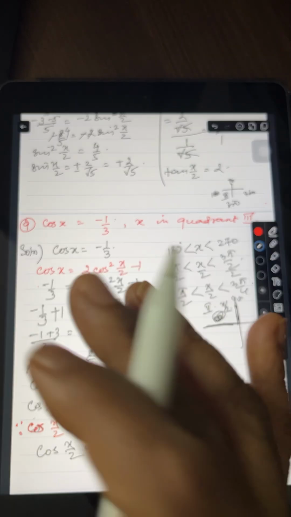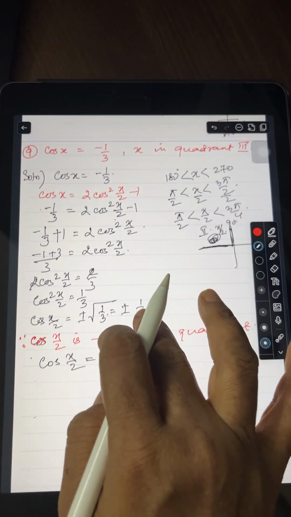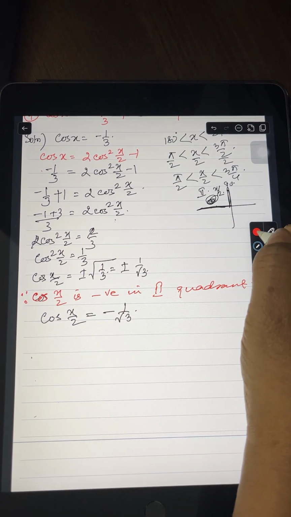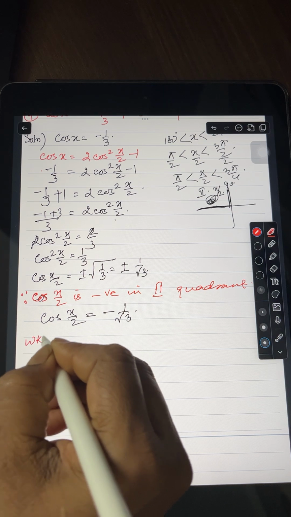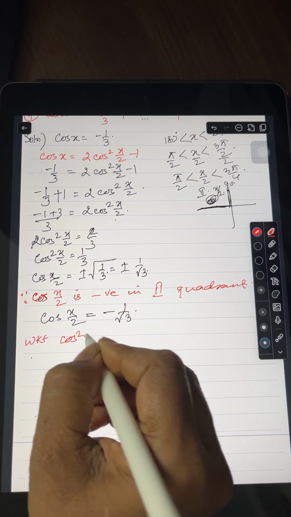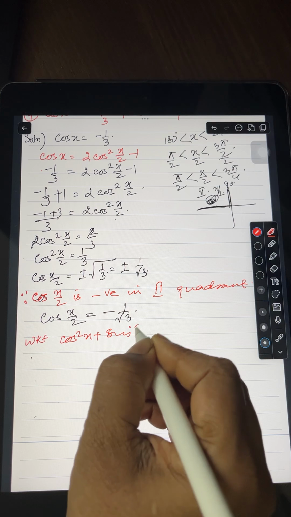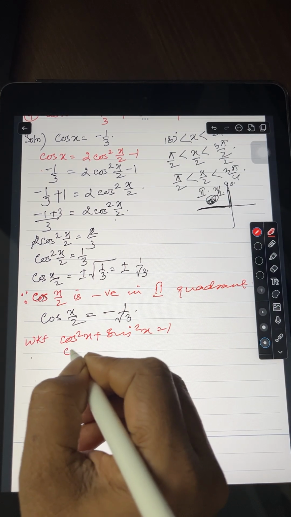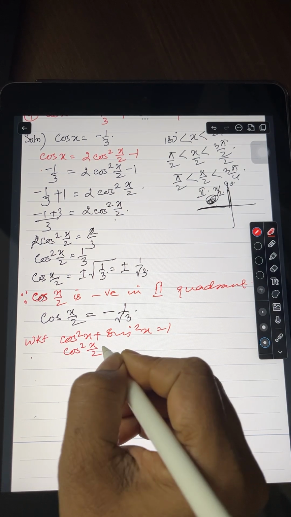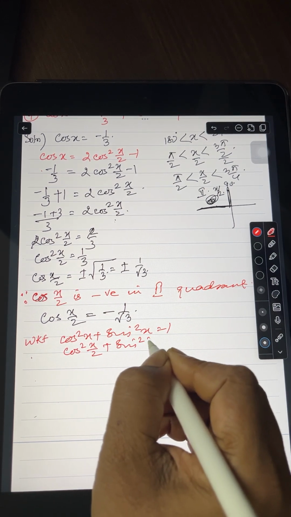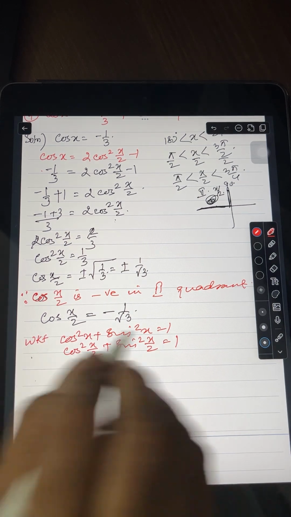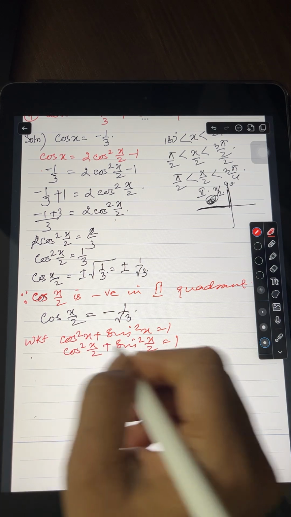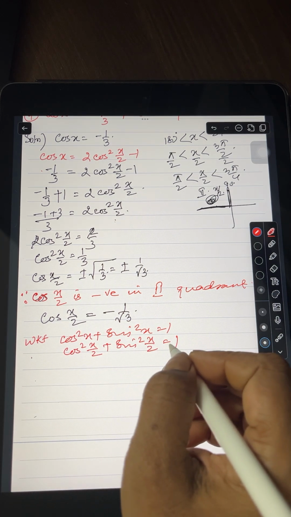Now cos x by 2 you got. What is left? Sin x by 2 you will have to find out. Now you see, we know that cos square x plus sin square x is equal to 1. If you divide the angle by 2, you also get the same 1 on the right hand side. So cos square x by 2 plus sin square x by 2 is 1.